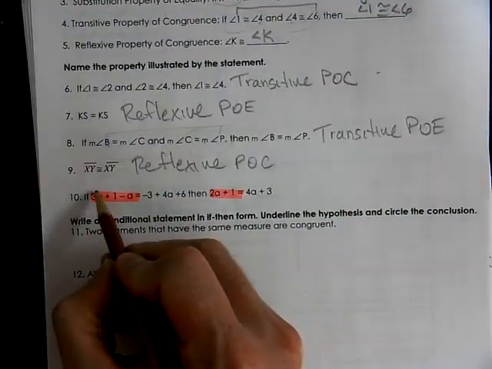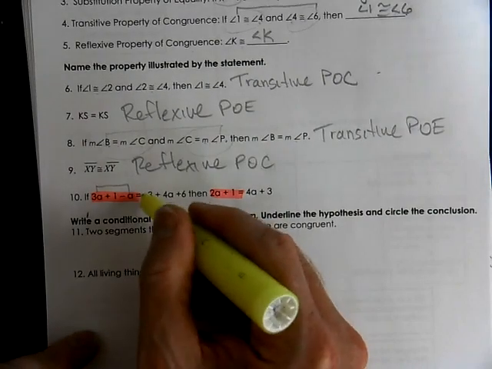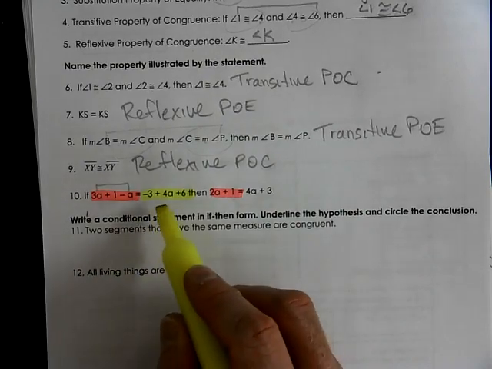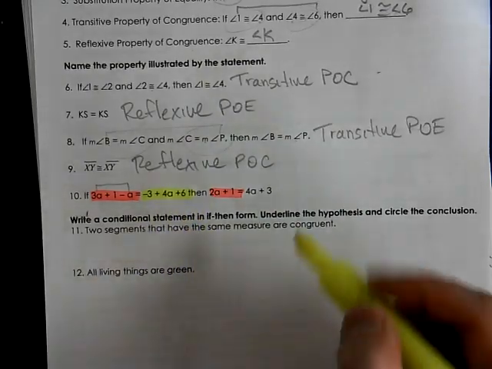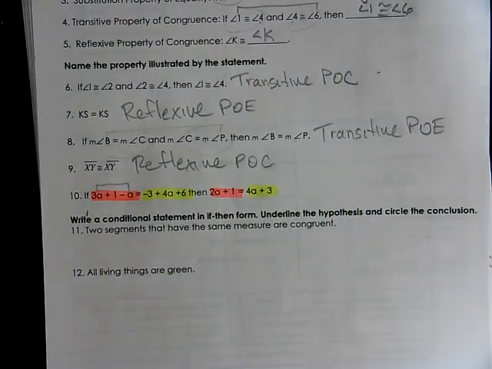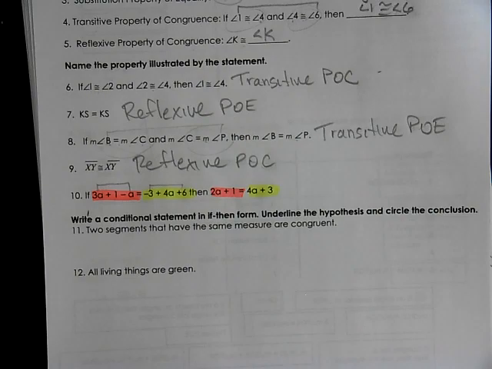So in other words, these a's came together. They're on the same side of the equal sign. Here we have -3 plus 4a plus 6. Then we have 4a plus 3. So here, these constants came together.